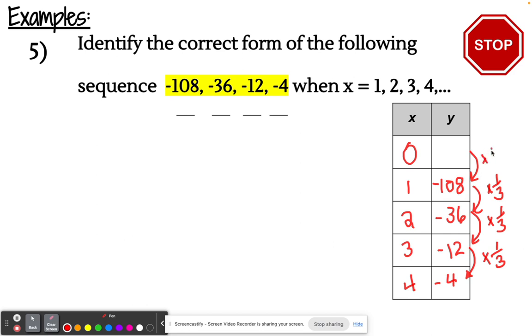In other words, negative 108 times 3 will give me what? That's negative 324. Again, this is a geometric pattern because it's a constant multiply. So f of x is equal to my starting point, negative 324, times 1/3, not 3, 1/3 to the power of x.